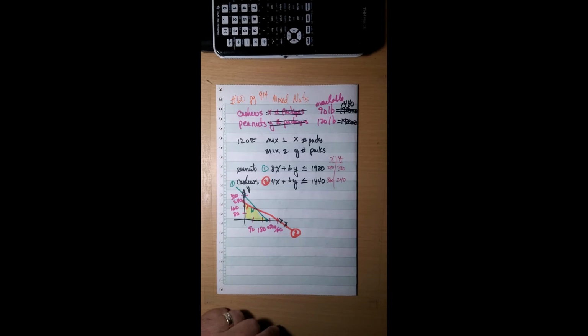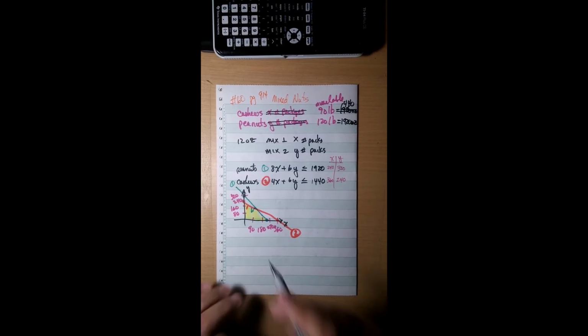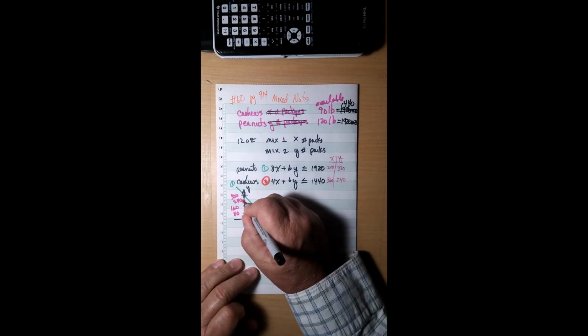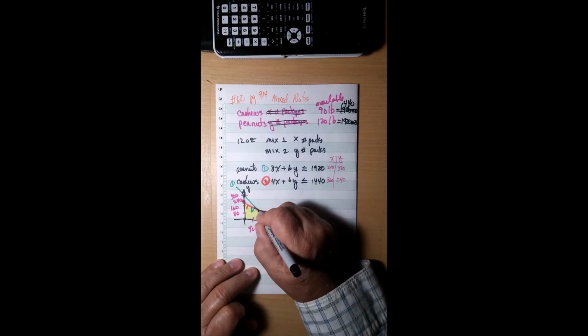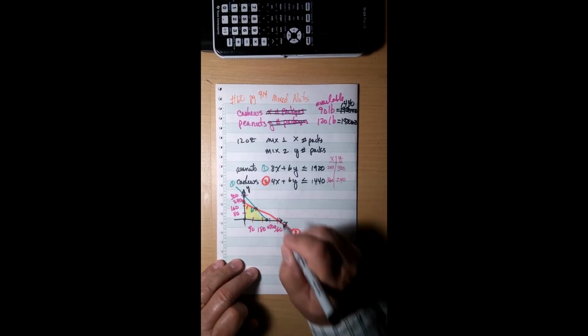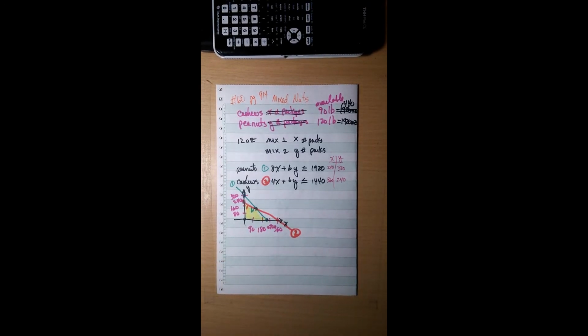Now, what they want us to do, preparing us for the next section, which we're not going to get to, that has linear programming, they want us to label the corners, the vertices of this, in this case, a quadrilateral.